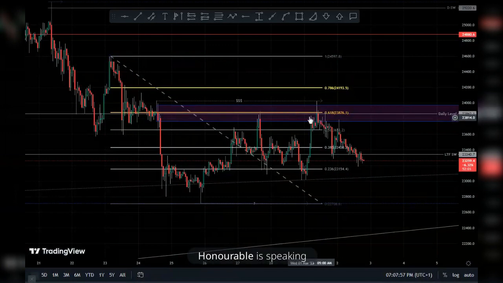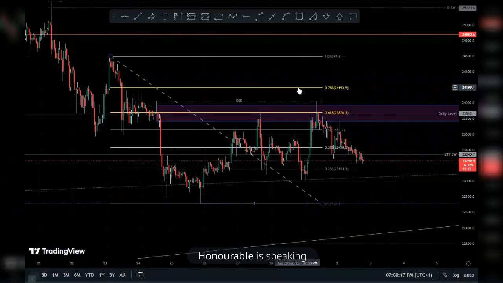Now, if I'm going to play the level horizontally, this is the key level, the 0.618. So if I'm going to ladder my entry using this level as confluence, this is the level I'm going to ladder in. You get it? So from the 0.618 up to this level is referred to as the Fib Golden Pocket.